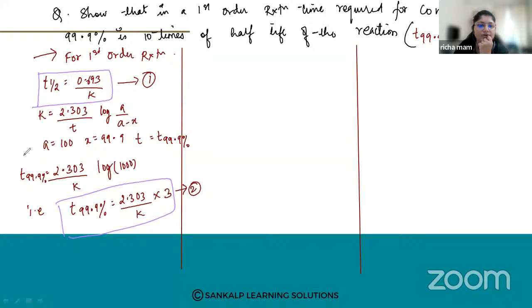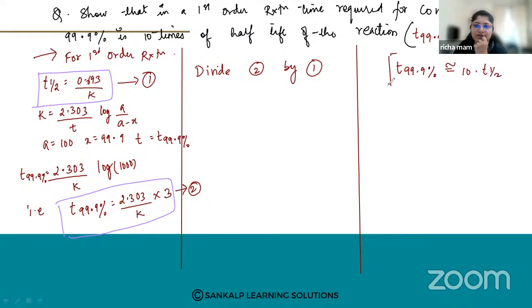Next step, divide 2 by 1. We have to prove that T of 99.9% is 10 times T of half. So let us see.